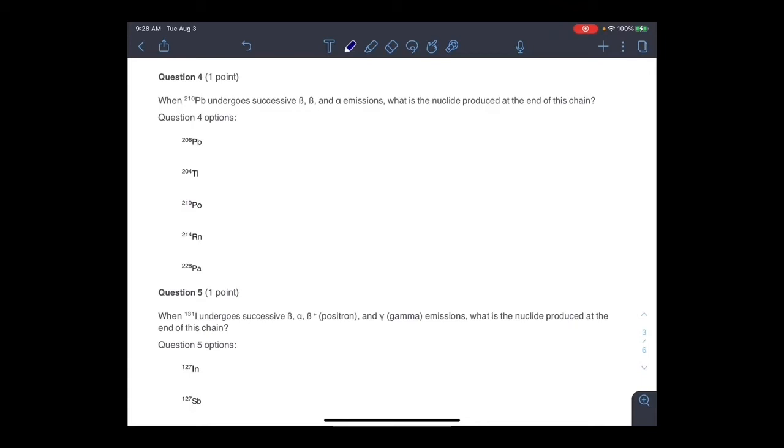So in this question, I've got lead-210, and it undergoes successive beta, beta, and alpha emissions. That's 3 reactions. So this lead-210 gives off a beta particle and produces something.